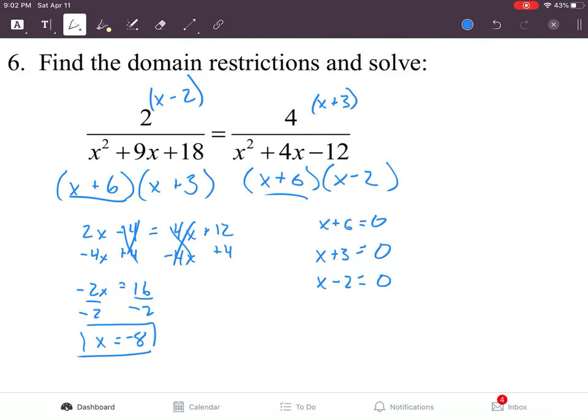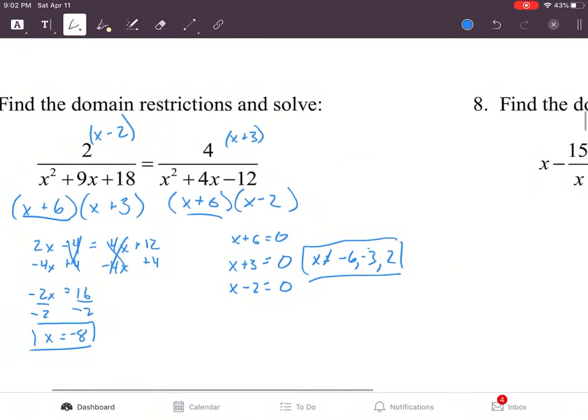So we have to make sure that we can't have any zeros in the denominators by taking the factors and solving them for x if you set the factors equal to 0. So x cannot equal negative 6, negative 3, and positive 2. If x equaled any of those three numbers, you'd have 0 in one of the denominators and you'd be undefined, so that'd be bad.